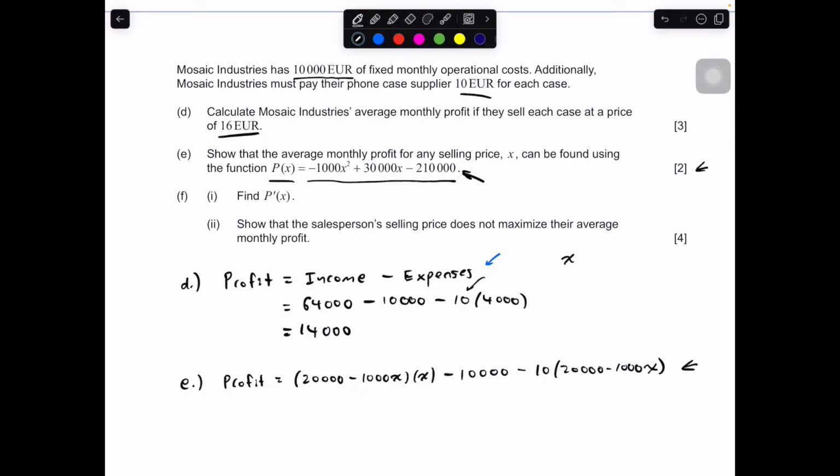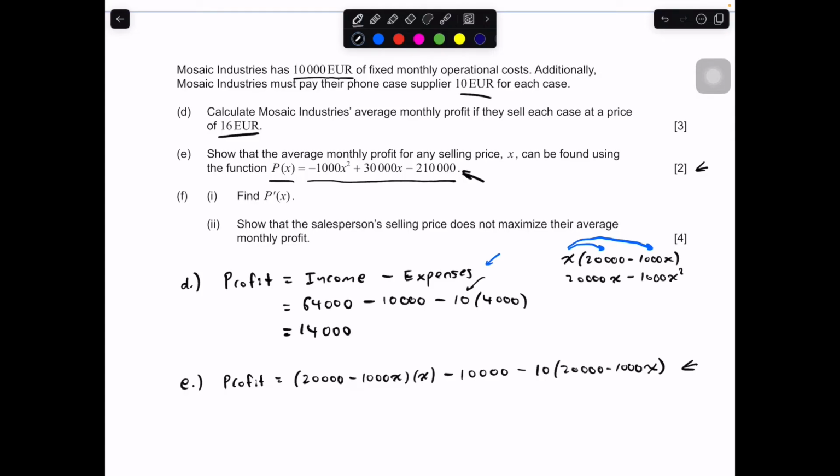If we have x times 20,000 minus 1,000x, we multiply the term out in front by every term on the inside. So x by 20,000 gives 20,000x, and x times 1,000x gives 1,000x squared.